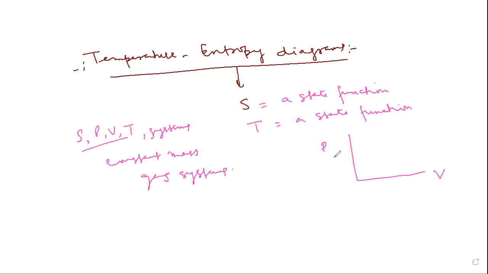So as we can use PV to specify a state, we know any point in a PV diagram represents a thermodynamic state, or which we call equilibrium state.